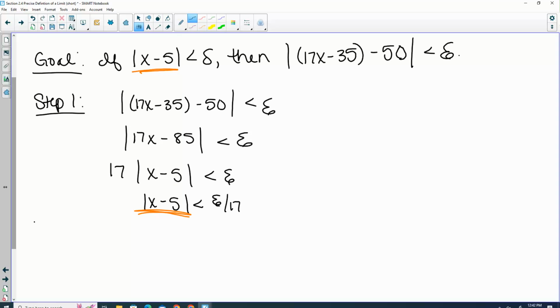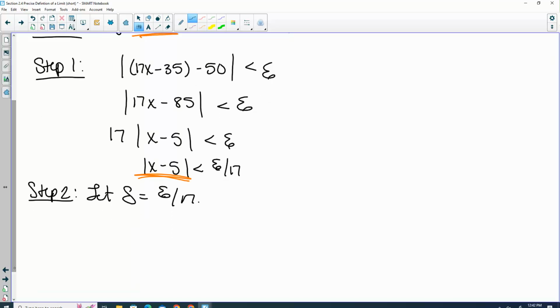So step 2, what is the first thing you have to say? Delta equals epsilon over 17. And then what do we do? Write the definition. If the absolute value of x minus 5 is less than delta, then the absolute value of 17x minus 35 minus 50.